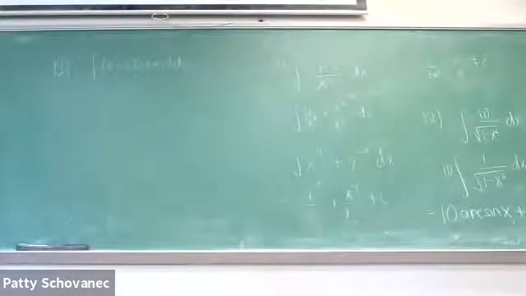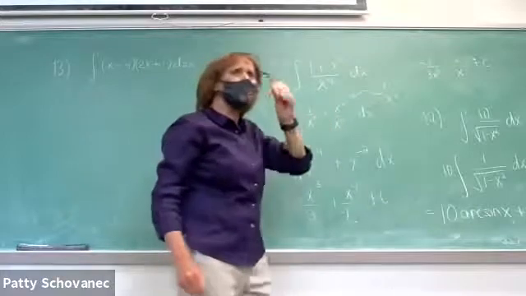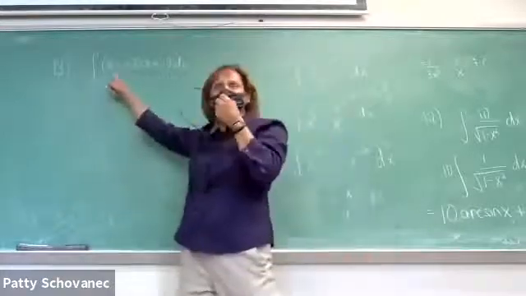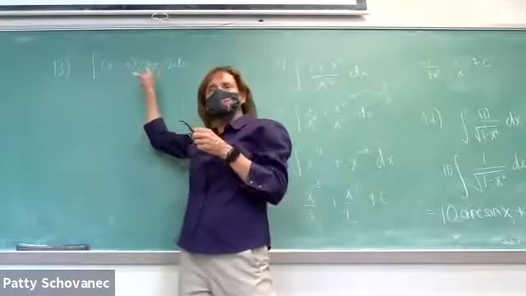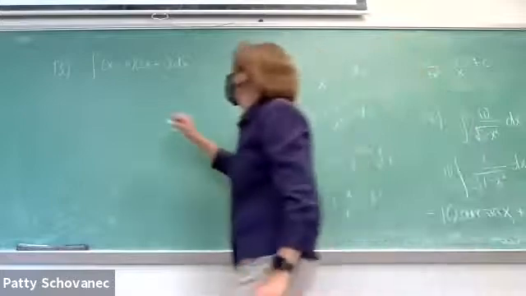And just like with this one, I have to make separate terms that are added or subtracted from one another. I can't just go inside of parentheses and find antiderivatives. I've got to make it a sum first. So we're going to have to multiply this out first.